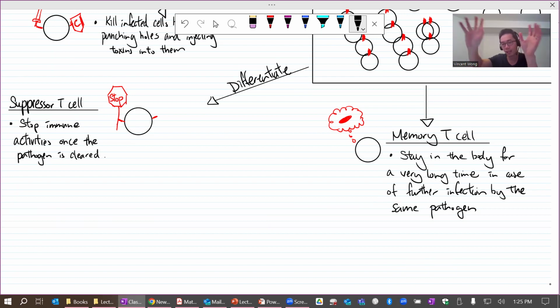So for everything that you have fought off previously in your lifetime, you're gonna have a memory cell somewhere in your body. Okay, you have fought off COVID, you got some memory cells that remember COVID.